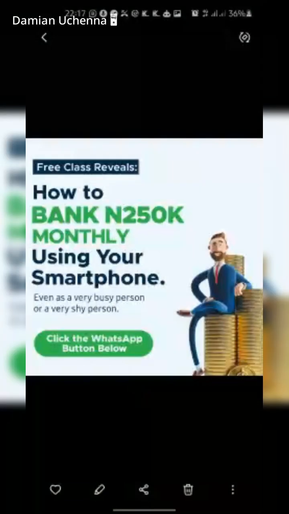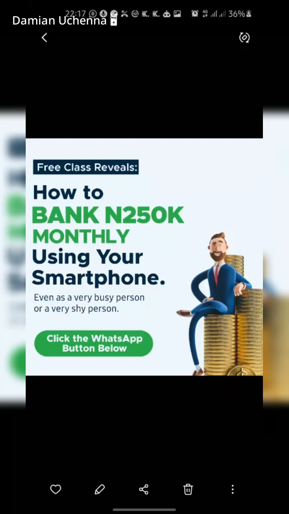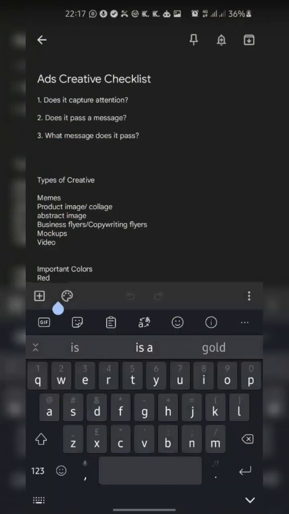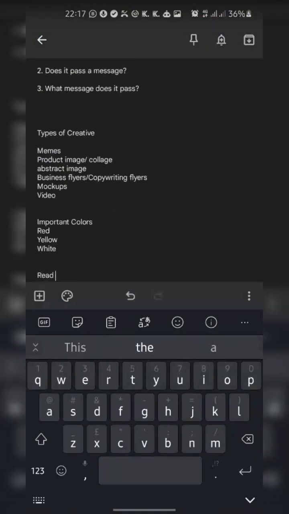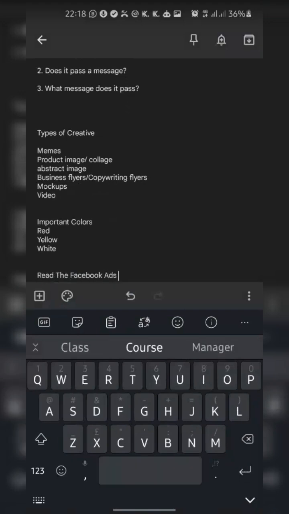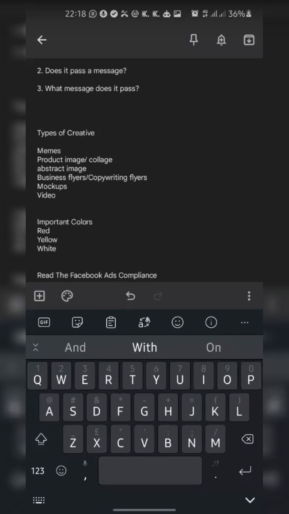So another important thing, let me just add this here. Like I said earlier, you can just screenshot this for yourself. Make it a point, make it a duty to read the Facebook ads compliance policy at least once a week.